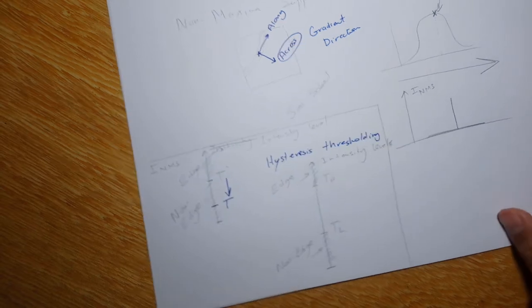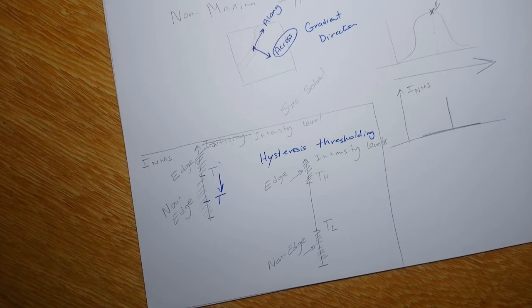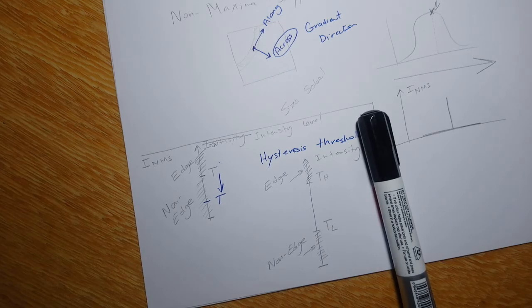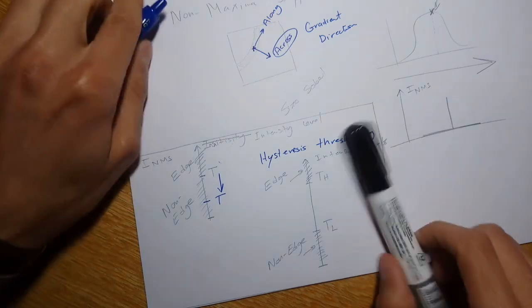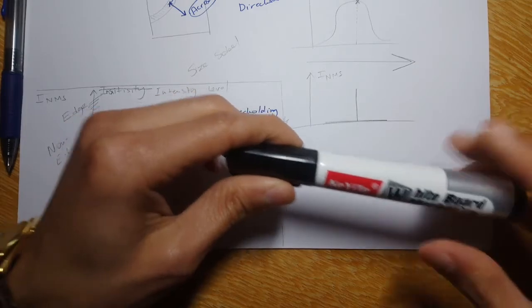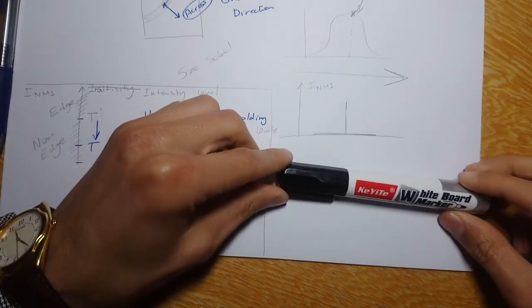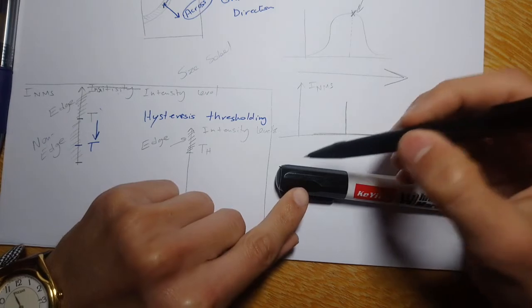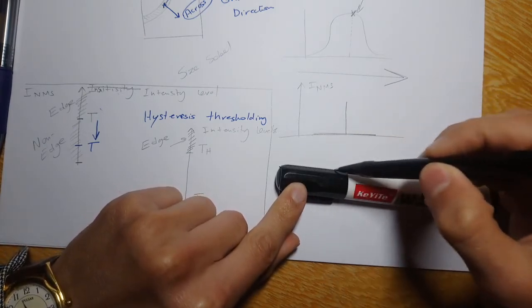Quite simple. And the reason why this works is because weak real edges tend to be connected with real edges. So let me just bring a pen to explain a simple idea. So if I take an image of this pen, for example, what I would get is a very strong response on this edge here, on this border.